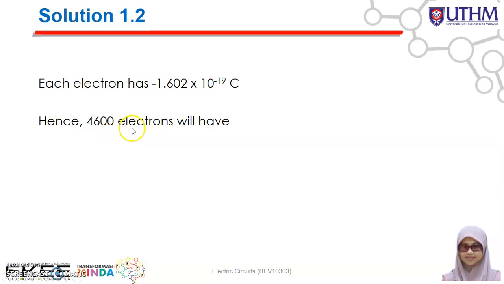So how much charge do we have in the 4600 electrons? We multiply 4600 by the magnitude of one electron. So what we have finally is negative 7.369 multiplied by 10 to the power of negative 16 coulomb. This is the total charge included inside this quantity of electrons.